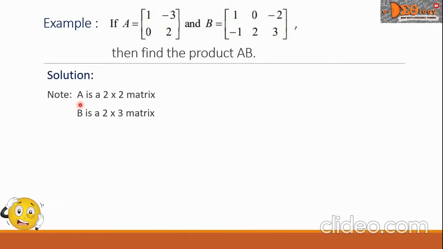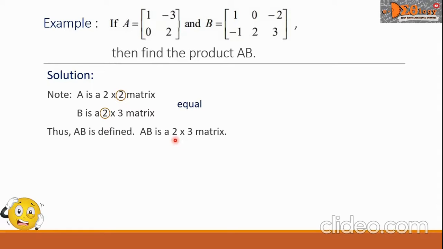First, let us note that matrix A is a 2 by 2 matrix and matrix B is a 2 by 3 matrix. We can see that the column of A is equal to the row of B.